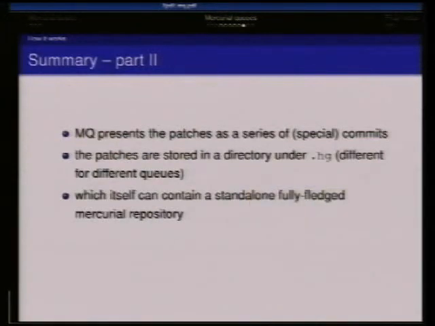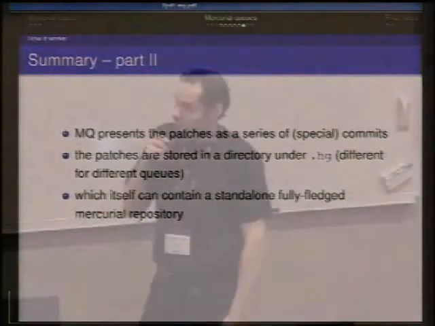And the subdirectories are fully fledged Mercurial repositories, which you can, for example, share with the outside world. So you can publish them, and there you go. Your friends can change your patches quite easily, and they can push them back. So you can actually even work with somebody else on the patches.